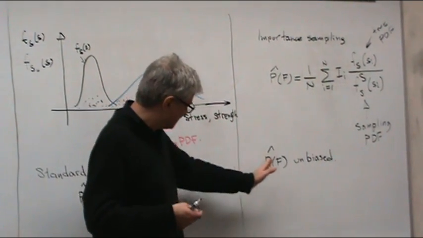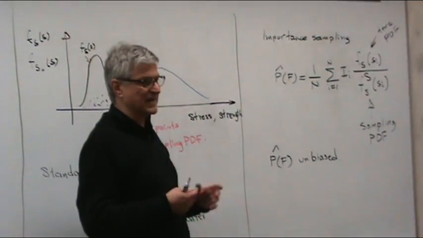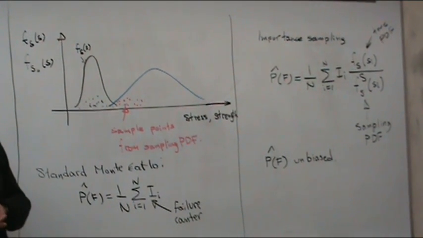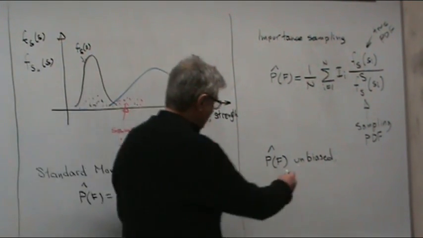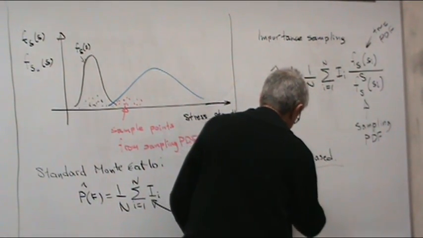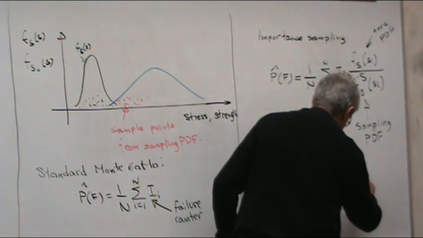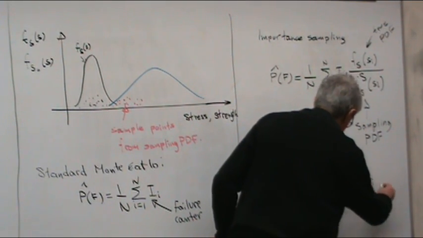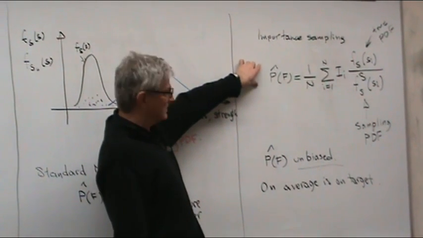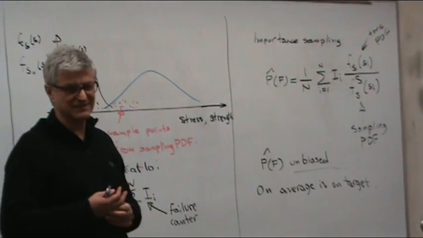Okay? They're not going to be bigger or smaller. Okay? So this is unbiased. Any estimator should have that property. So on average it is on target. Or if you calculate the mean value of this quantity, the mean value is actually the probability of failure.